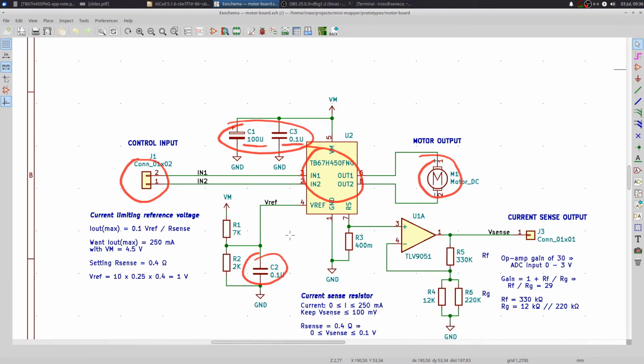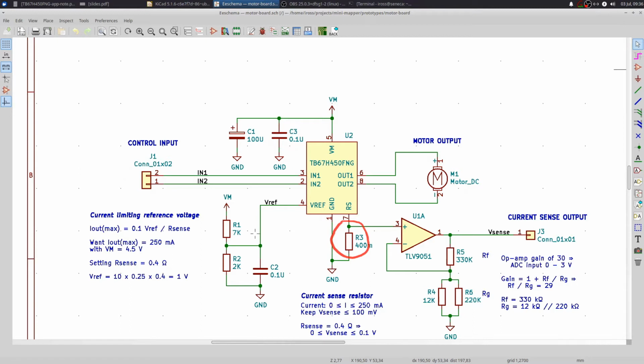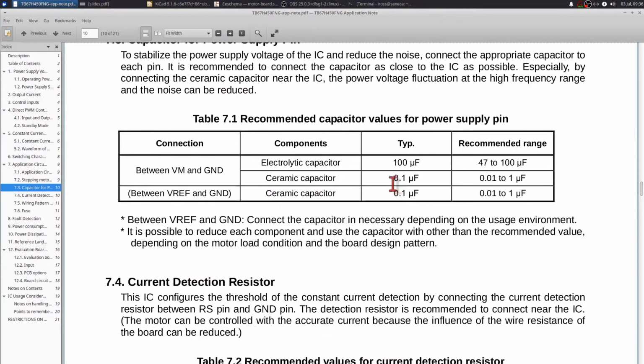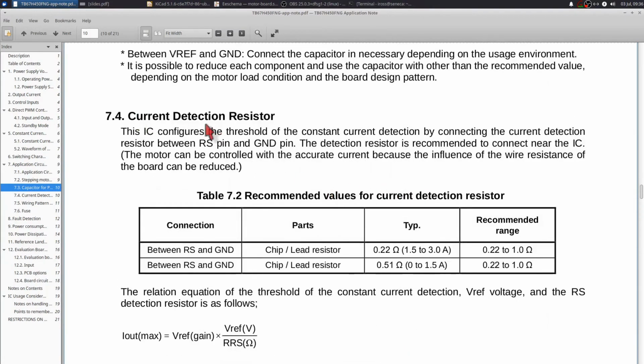So these are the main things in the application note. We need to deal with the sense resistor, setting this reference voltage, and then this stuff over here, which is something a bit different. So let's deal with the sense resistor first. If we go back to the application note, there's a bit about this current detection resistor, as they call it, and they recommend values like this.